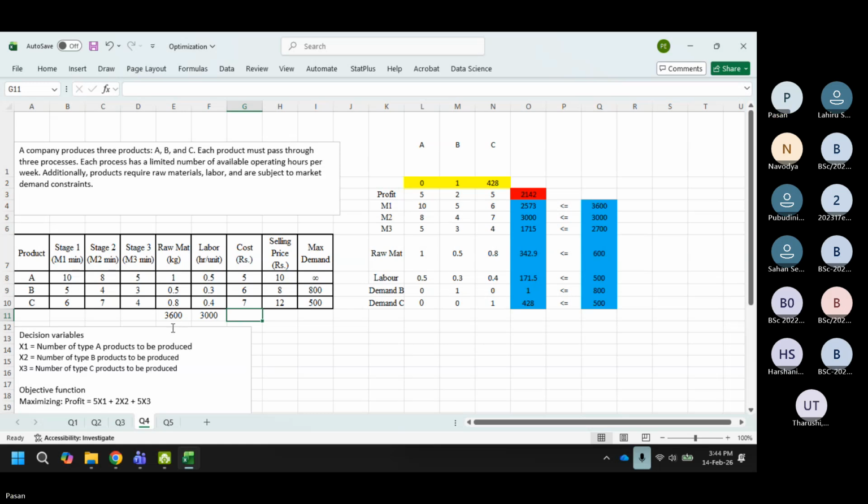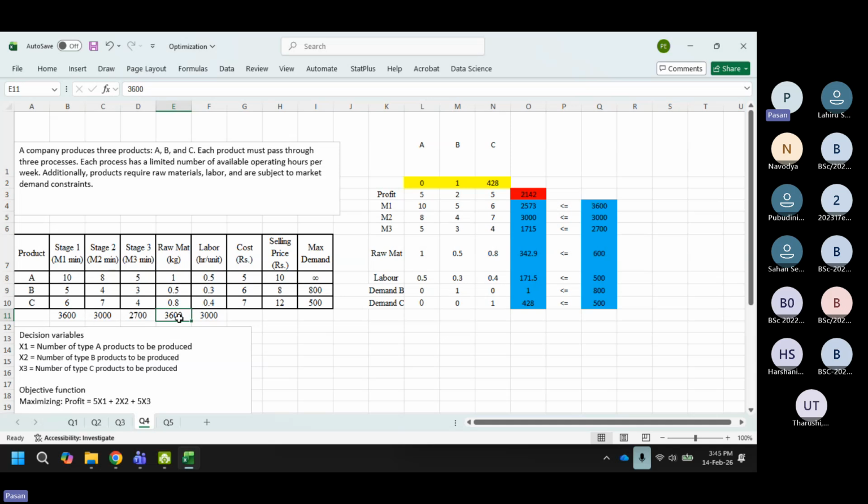Also these are over here, right? So it is 3,600, 3,000, and 2,700. So that's those numbers, right? So that's in terms of stage one, stage two, and three, and one, two, and three, the available minutes.